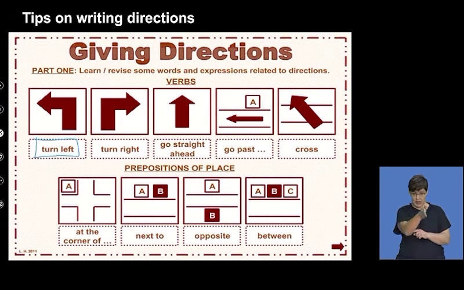Okay? So those are the verbs you would use to indicate direction. So you turn left, turn right, go straight ahead as I've indicated, or you can go past. Now here you would obviously go past a landmark. It could be a school, it could be a church, it could be the local KFC. So you need to make sure you do include landmarks in your response.